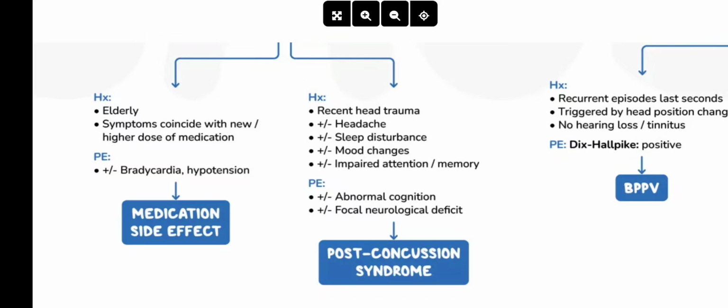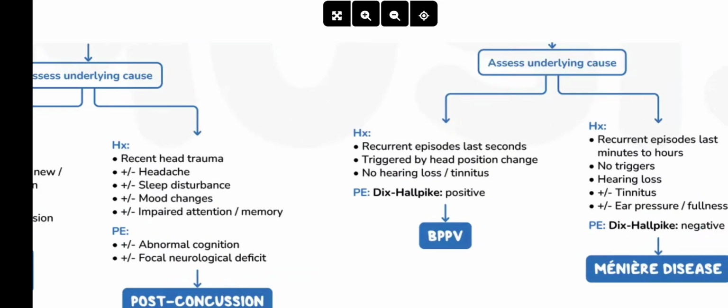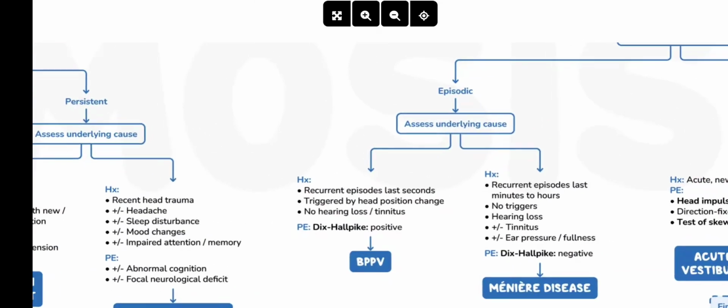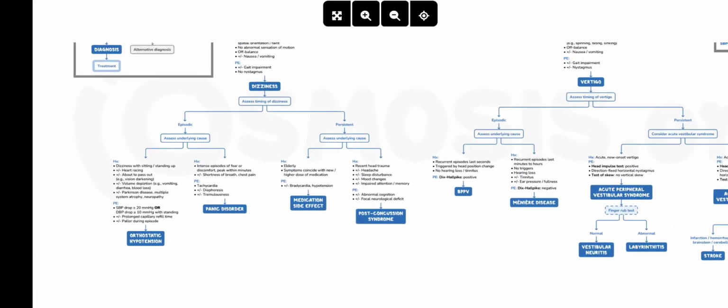On physical examination, we might find abnormal cognition or focal neurological deficit, let's say any disruption of the function of the brain. So these are the dizziness causes.